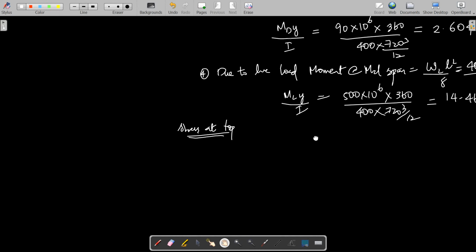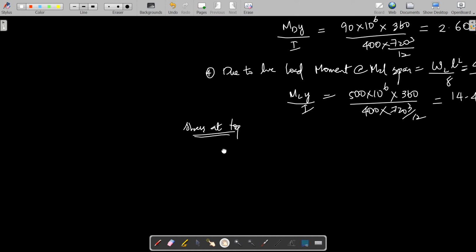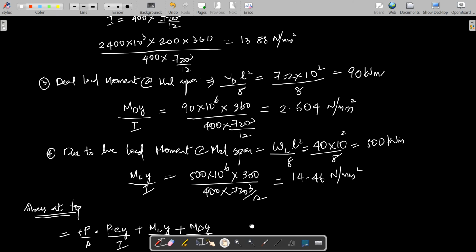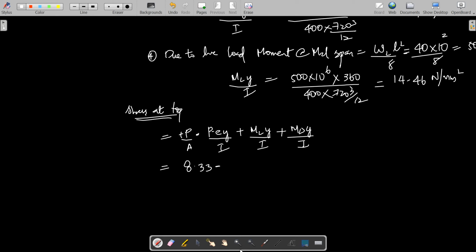The stress at top is equal to P by A, that is the direct stress, 8.33 Newton per mm square, and due to your eccentric pre-stressing force you get 13.88 Newton per mm square.